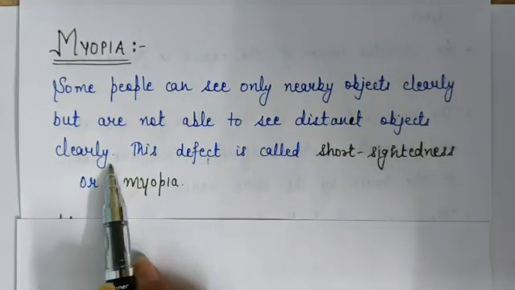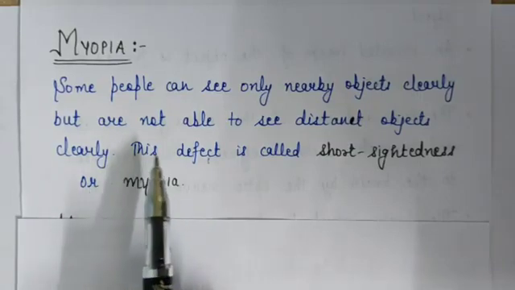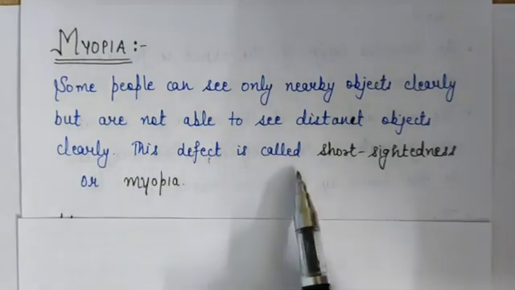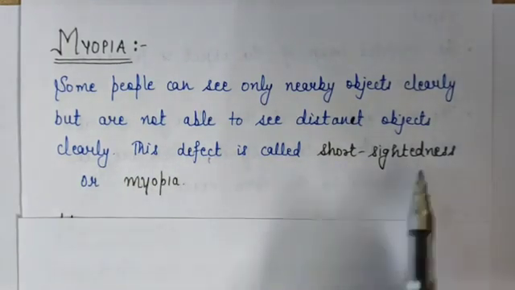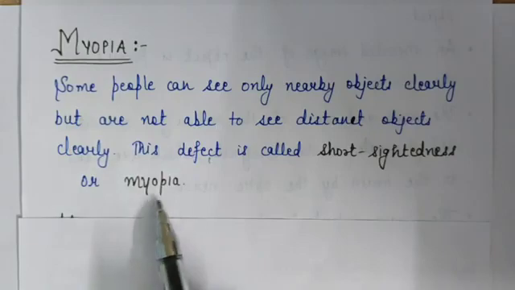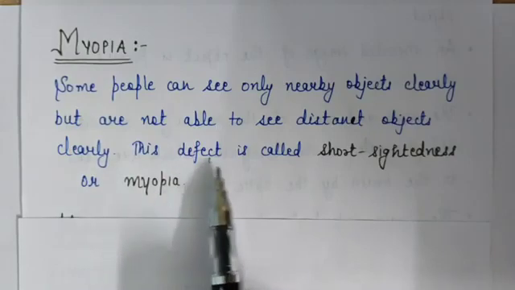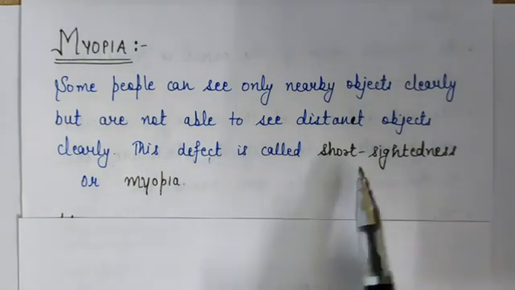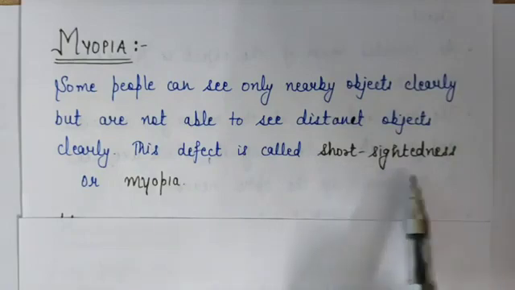The objects which are far from them are not clearly visible. So this defect is called short-sightedness or myopia. The other name of myopia is short-sightedness.